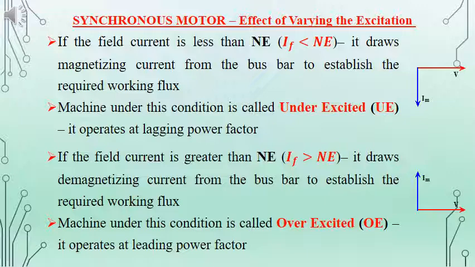Then again, from the AC supply, the motor will be drawing a current and it will be a demagnetizing current, because we have an increase in field current provided to the synchronous motor. And the condition is called overexcitation. Since a demagnetizing current is drawn from the supply, the machine will be operating at leading power factor condition.